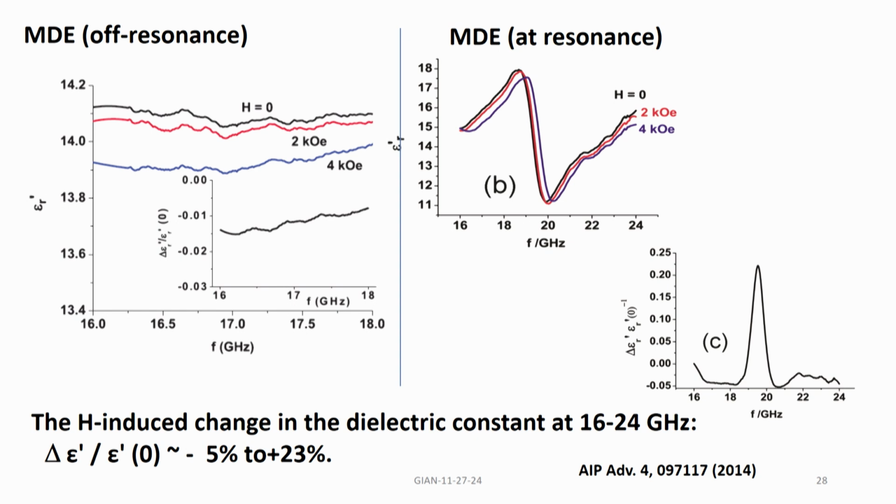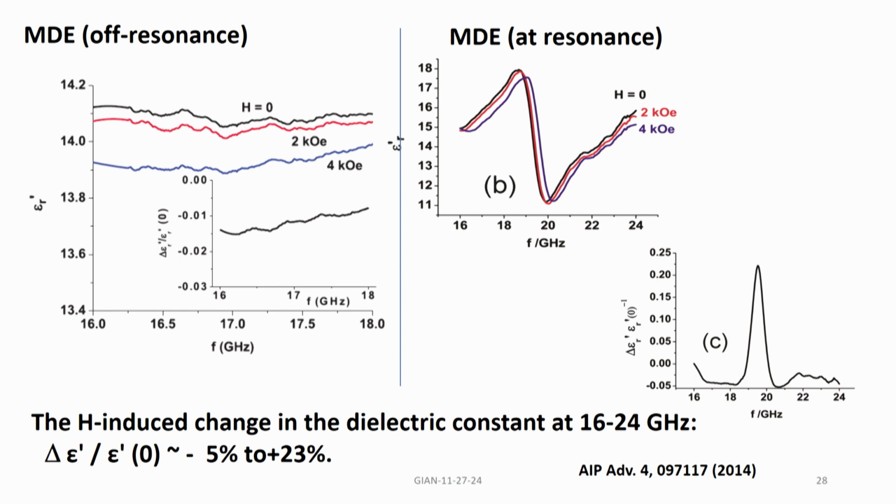And one can also make the sample in such a way that it is in the form of a ring or a platelet. Then it has what is called dielectric resonance. This is dielectric resonance. Under this resonance, the dielectric constant goes through a profile like this. Then you apply a magnetic field of 2 or 4 kilo-oersted and find the decrease in the dielectric constant.